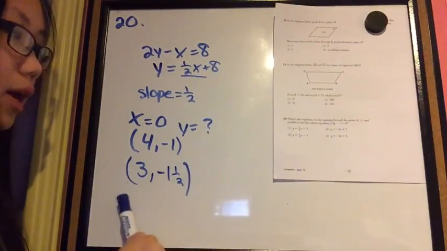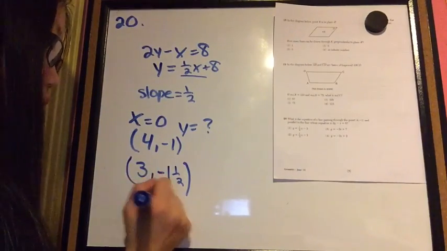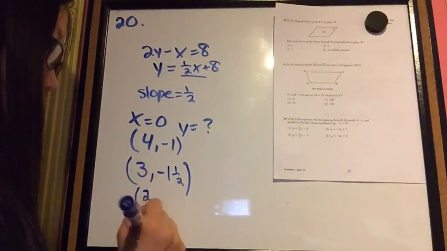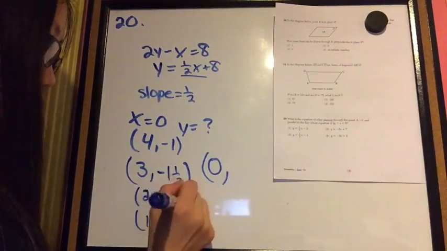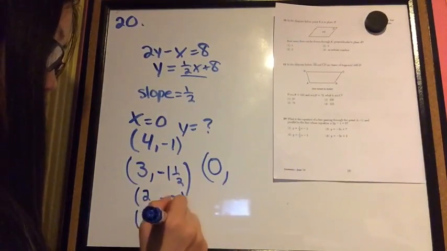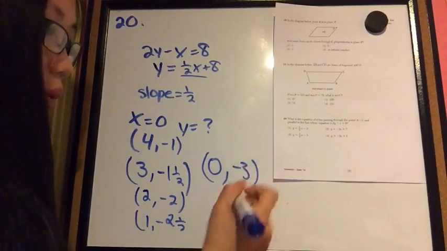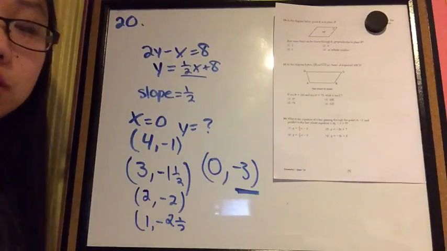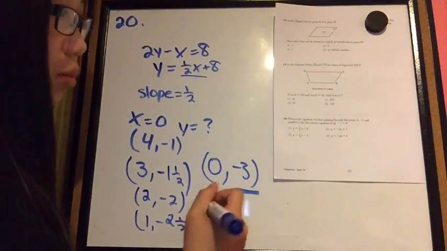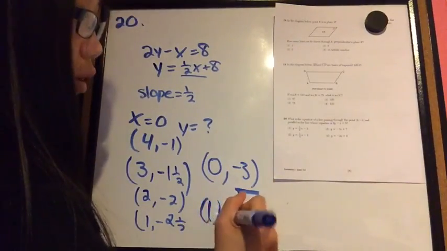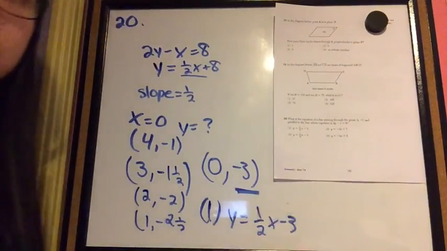So if we go back an x, it would be decreasing by 1/2. So 3, 2, and 1. And then we come to 0. So -2, -2 and 1/2, -3. And we find out that the y-intercept is -3, which is part of option number 1, which is the correct one. Y equals 1/2 x minus 3.